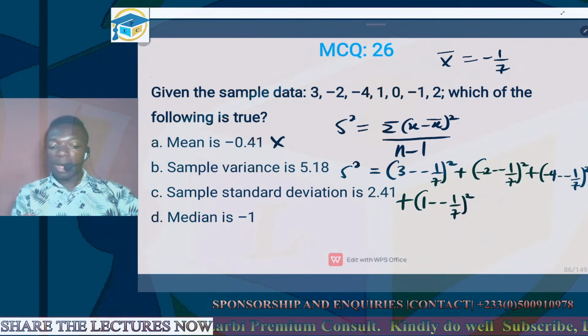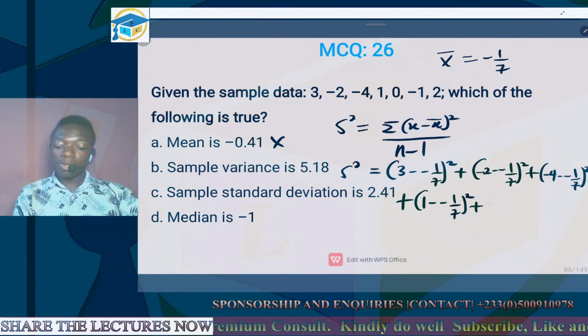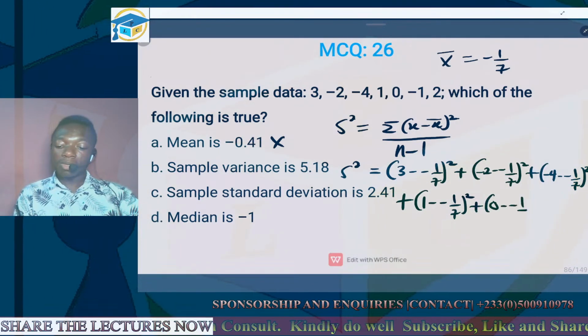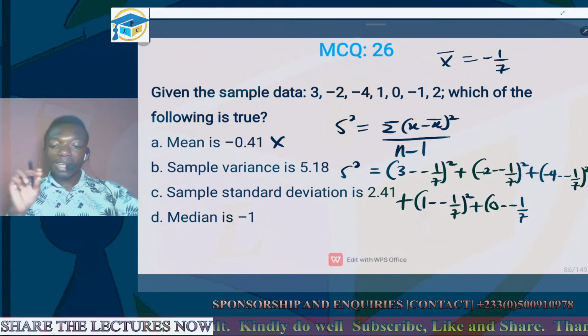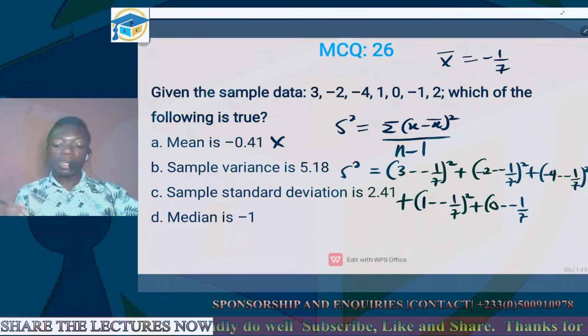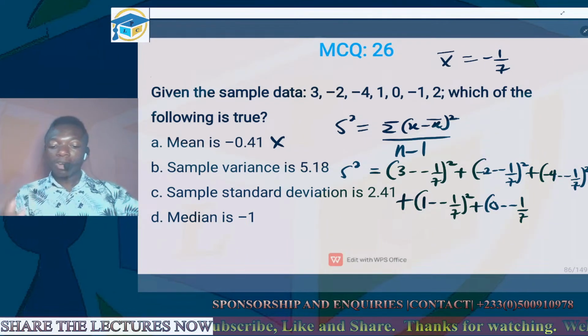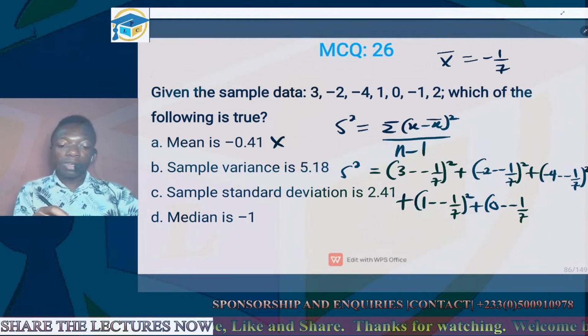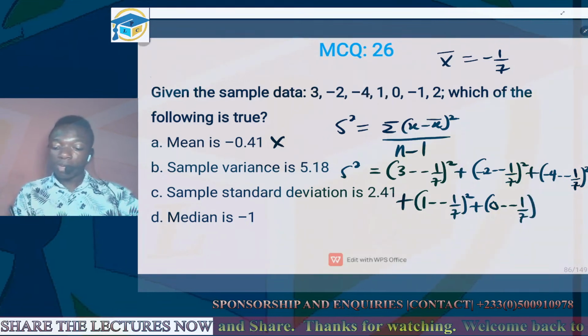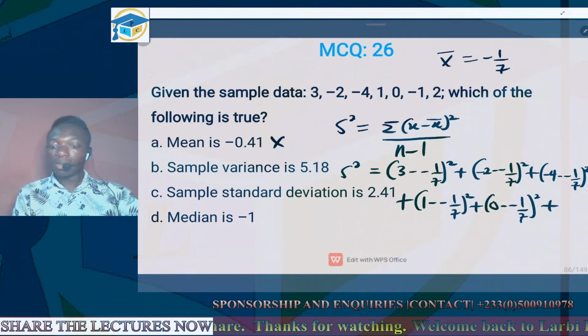Then we also have plus 0 minus -1/7, because the mean is negative 1 over 7. That is why I bring that in. We are subtracting the negative 1 over 7 from the raw data here, also squared, plus.